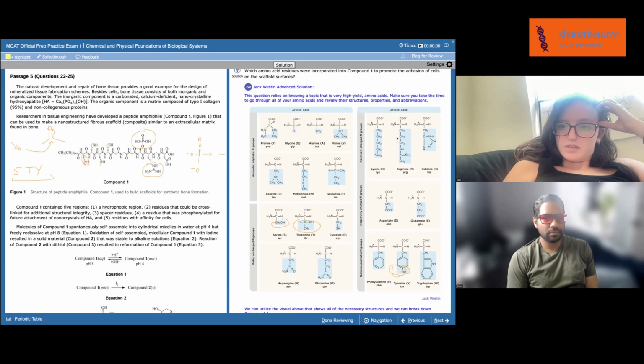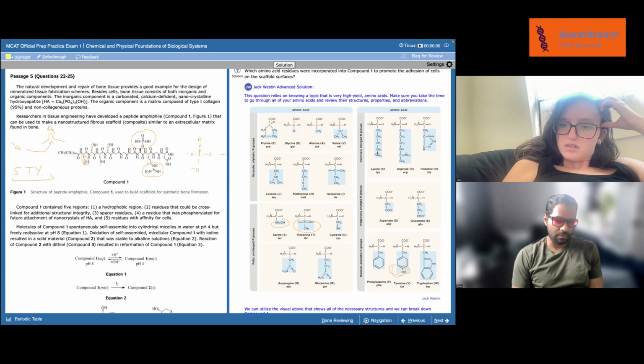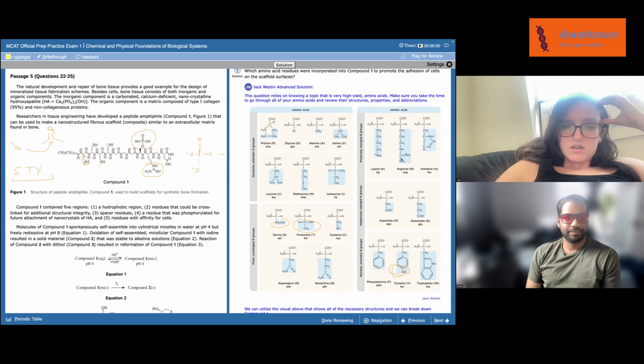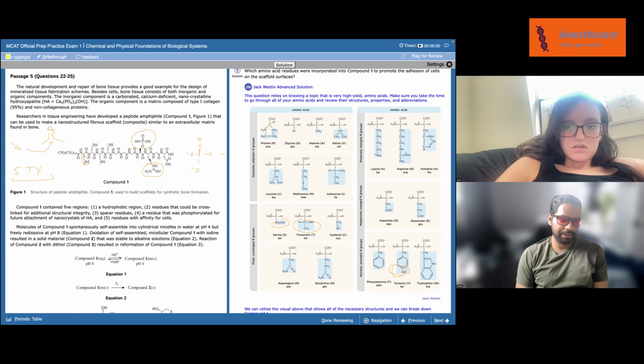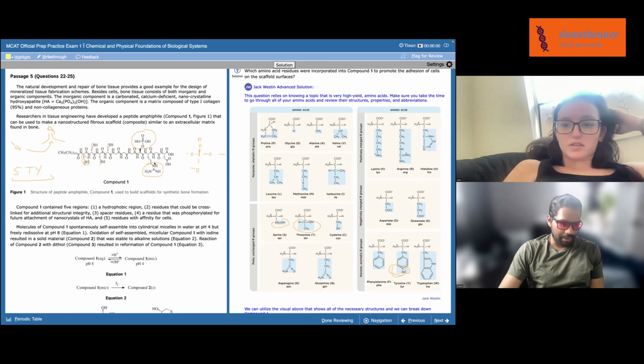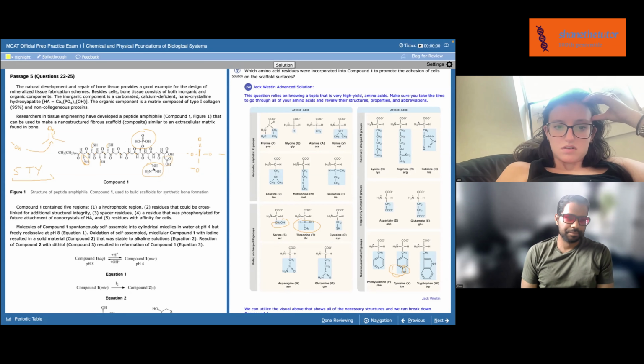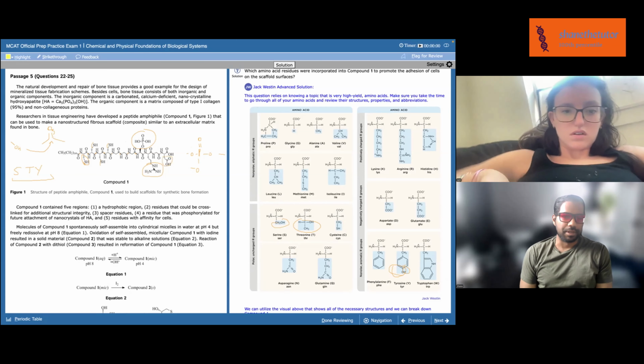So one of these three? So it's arginine, right? Right, because of the carbon. Yes. And then the other one that I circled.